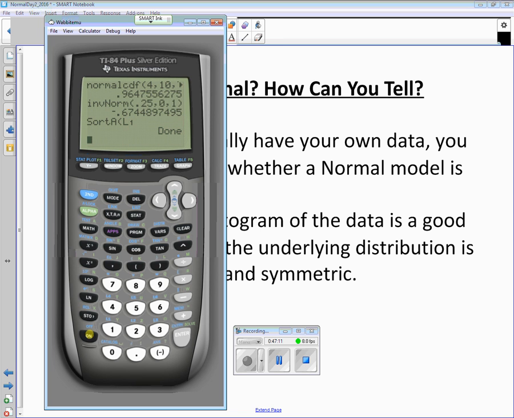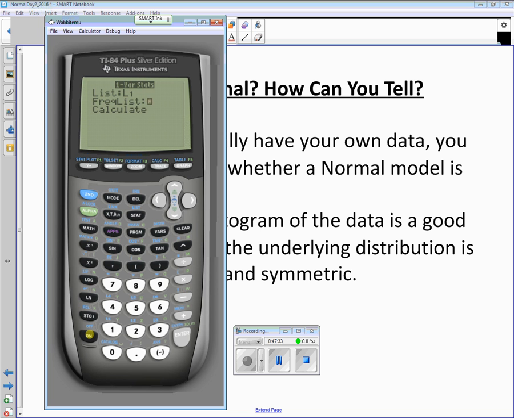What is the average? How do I find it? Stat, calc. One of our stats. We don't have a frequency list this time, so make sure that you clear that out. It's just list one. There's no other list we're dealing with.